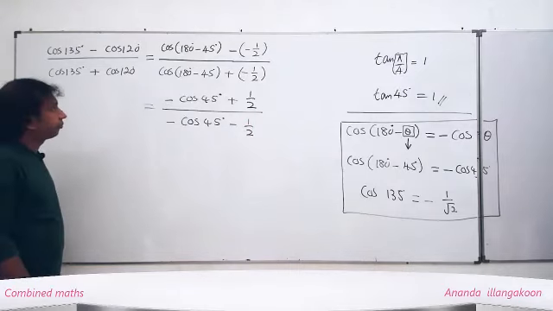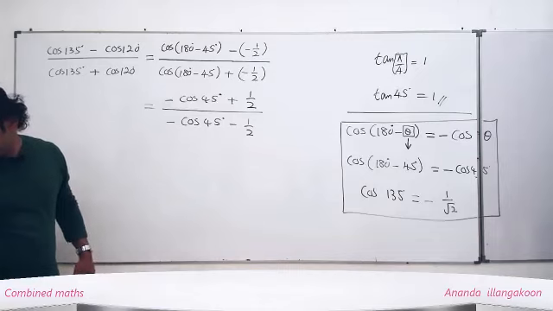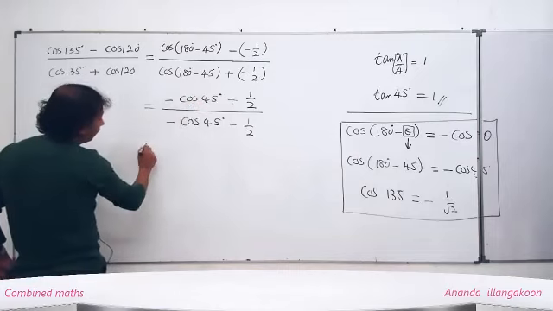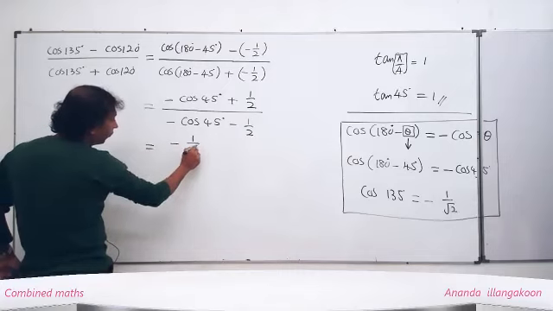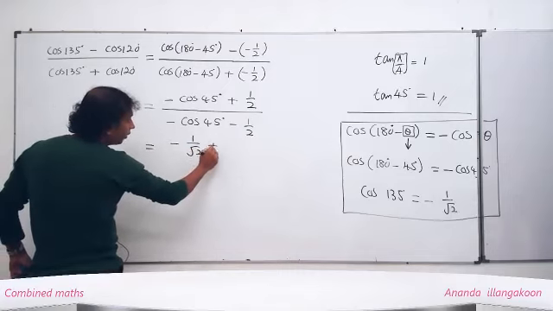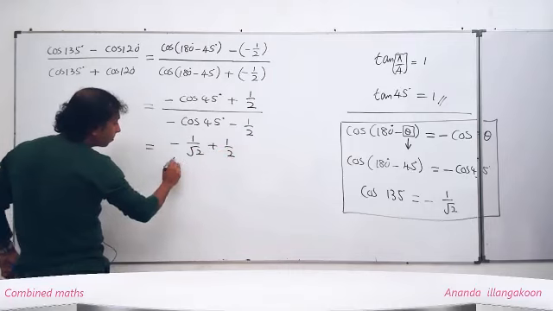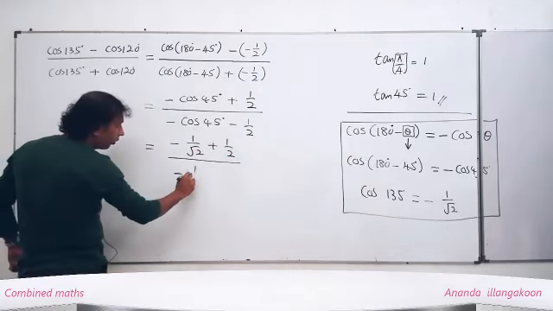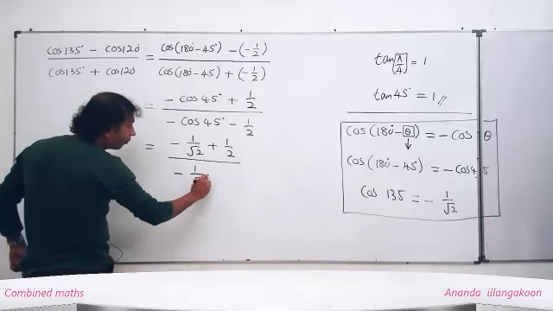Now here cos 45, people, it's minus 1 over root 2, no? Plus 1 half. Here 1 over root 2 minus half.